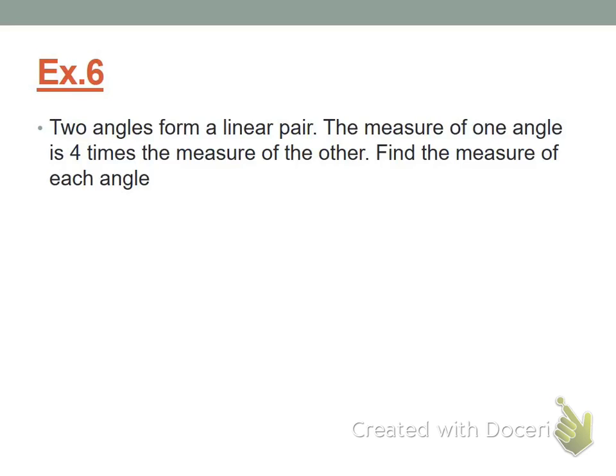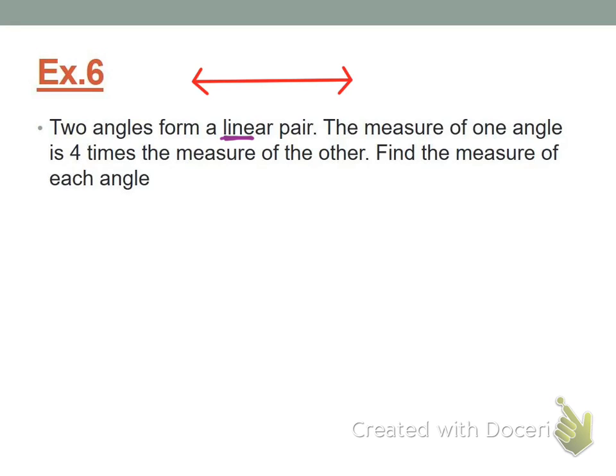A linear pair forms supplementary angles which add up to 180. Okay, so I always think about linear pair being a line, and most of us already know if we have a straight line, that's a straight angle, 180 degrees.